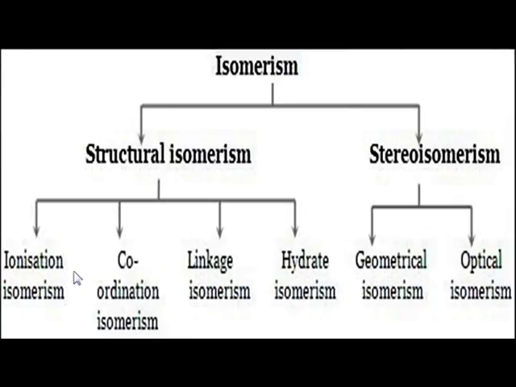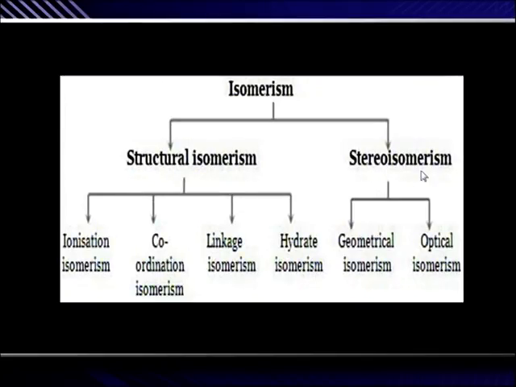One is ionization isomerism, the second one is coordination isomerism, the third one is linkage isomerism, and the fourth one is hydrate isomerism. Stereoisomerism is also divided into two types. One is geometrical isomerism and the second one is optical isomerism.